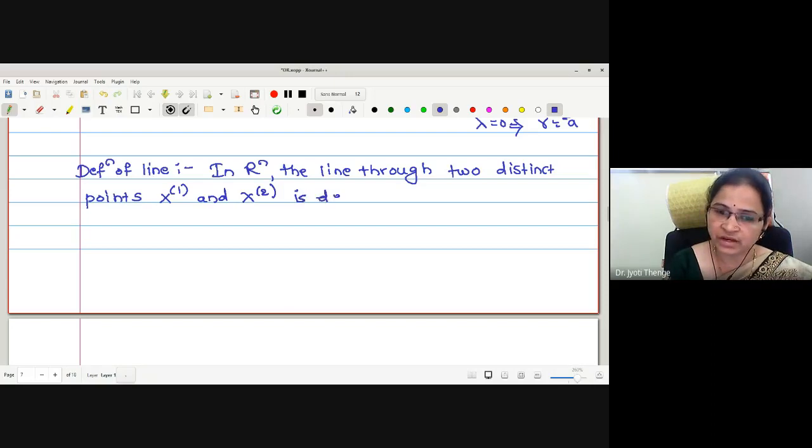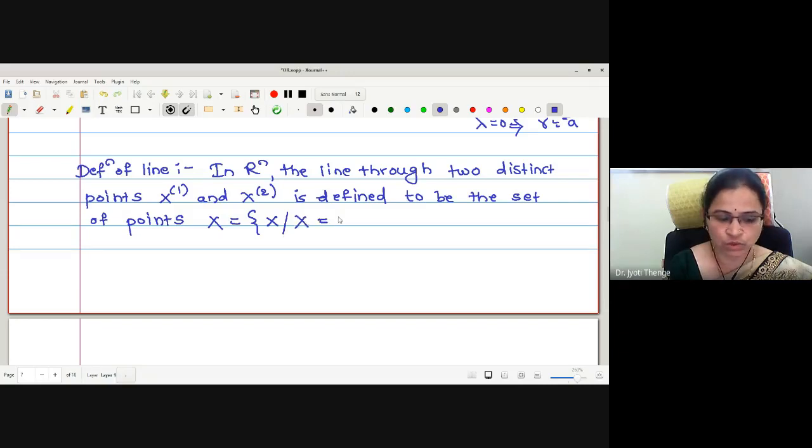The line is defined to be the set of points. Let me write it as X, the set X is the collection of all vectors x such that x is equal to lambda x2 plus 1 minus lambda x1, for all real lambda.